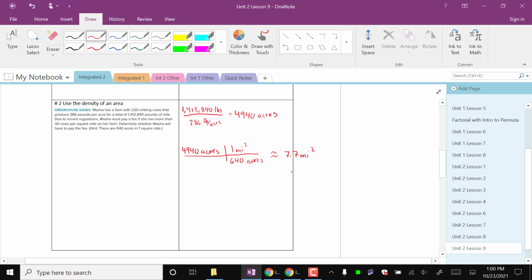Next, we want to find the density of the cows per acre. So population density equals population divided by land area.